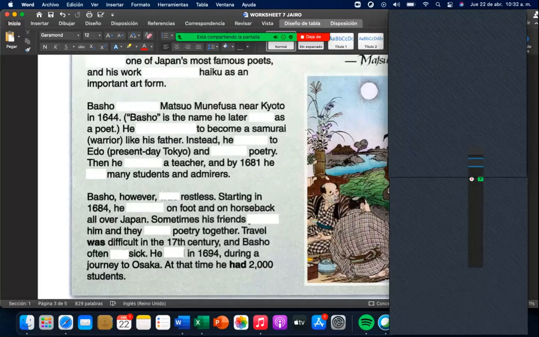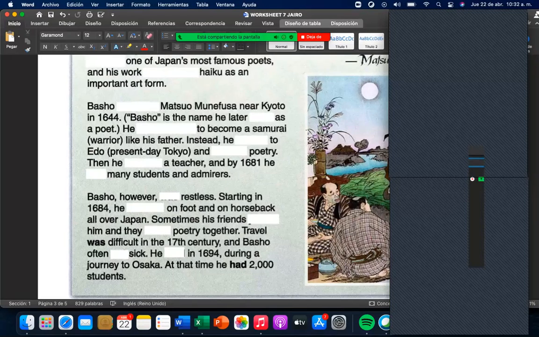Muchas veces, chicos, ese verbo was born, nació, no necesita la preposición in. Algunas veces sí, algunas veces no. Puede ser entonces, Basho was born in Matsuo Munefusa. Esta es una ciudad, Nidia. Todo esto, Matsuo Munefusa, es una ciudad japonesa que queda cerca de Kioto, que es otra ciudad japonesa. Entonces, tal vez acá se confundieron porque esto parece una persona, no sé, pero es una ciudad.